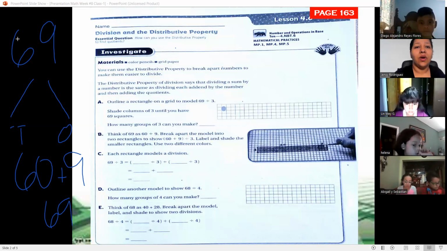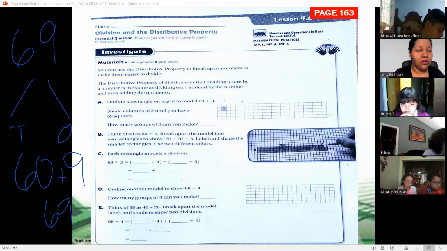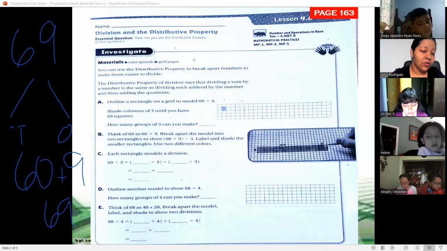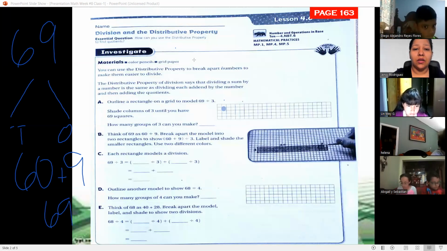In here, what we're going to do, in this grid with your color pencil, we need to find a 3, okay? Shade columns of 3 with colors until you have 69. So in here you can look. Just give me a second.